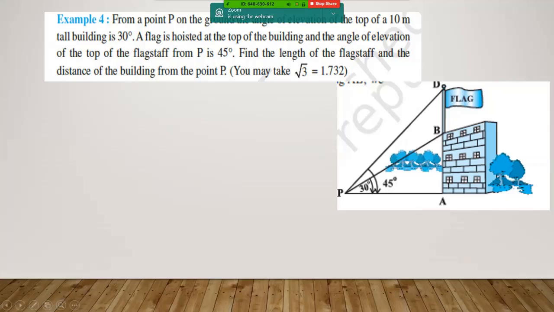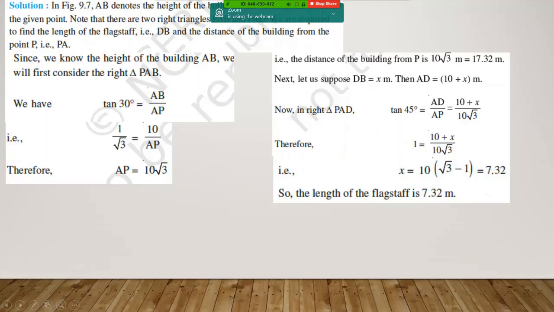Many of the sums, children, you will see this 45 degrees angle. It's easier for you. As soon as it is 45 degrees, you know that it is an isosceles triangle. So you have DA is equal to PA. PA, that means again it's 10 root 3. And what is the length of the flagstaff only? 10 root 3 minus the height of the building.